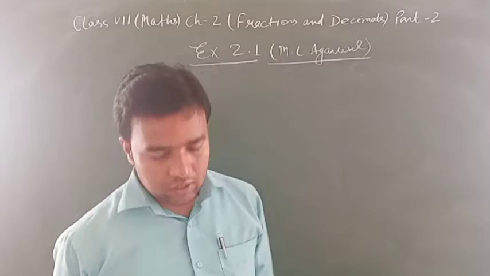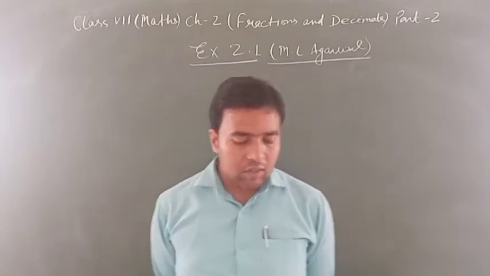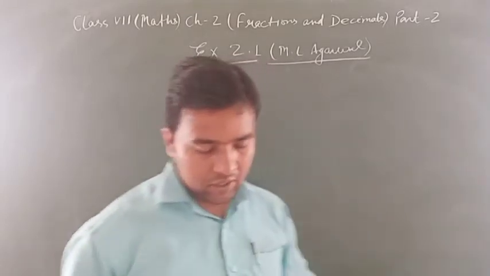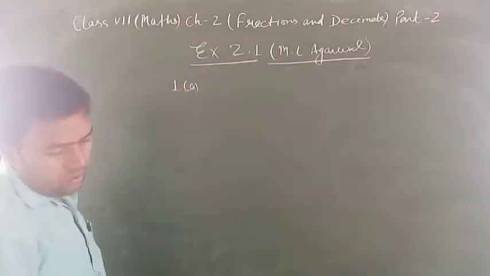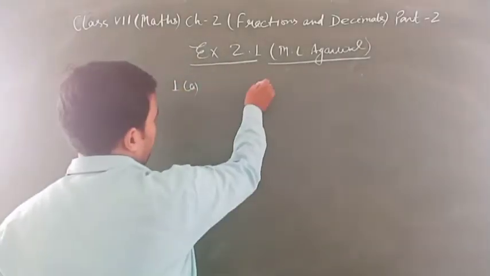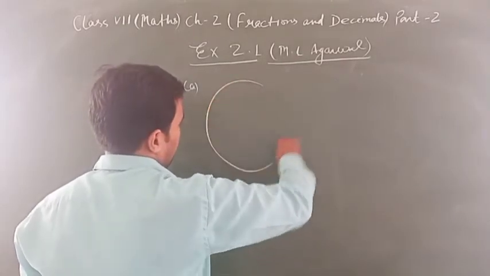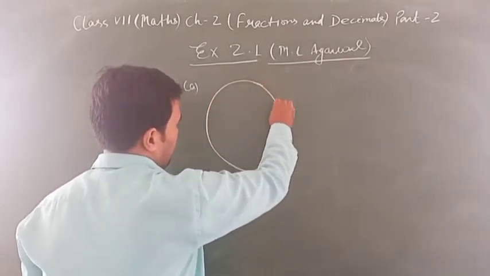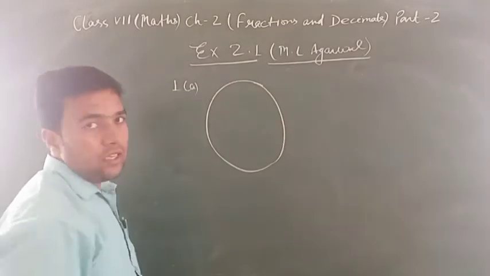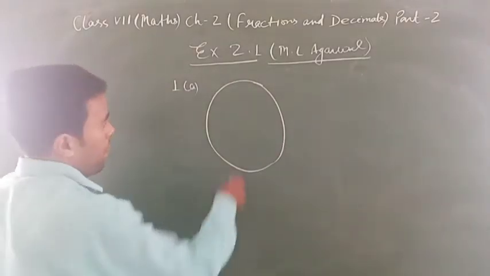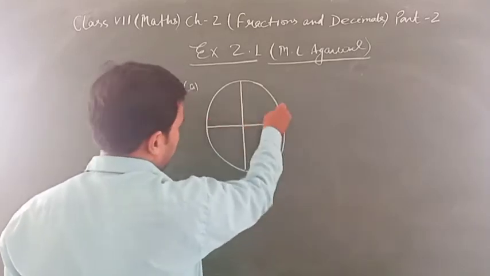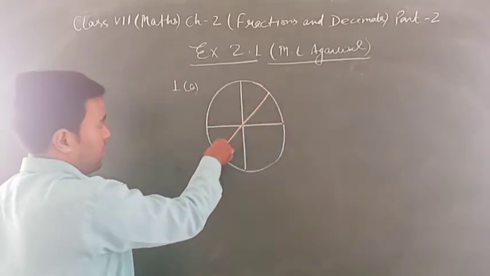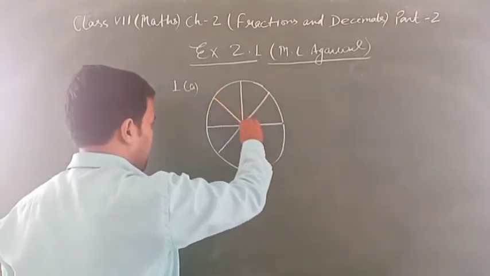In the first question, what fraction of each of the following figures is the shaded part? In the first one, one circle is given. Clear? This circle is divided into so many parts, like this.